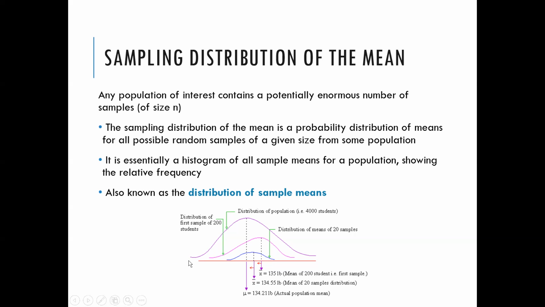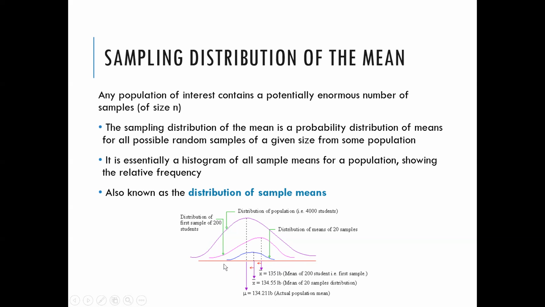This purple line corresponds to the actual population, and in this case, it corresponds to 4,000 students. So let's say the population of interest is 4,000 students, and they are all the students at a local community college, for example. The actual population mean, mu, for their average weight is 134.21 pounds.